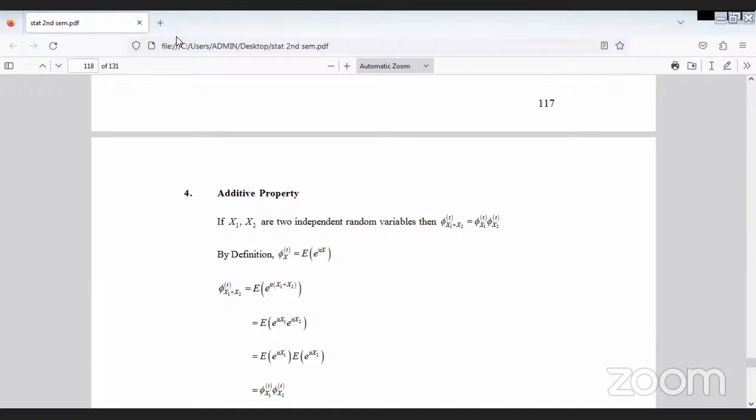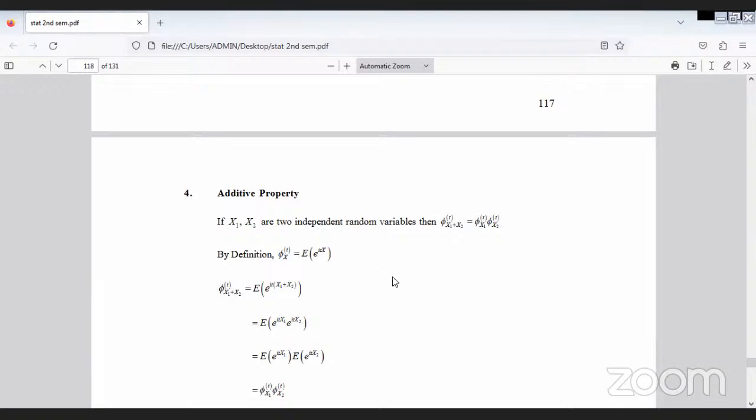So it is multiplication, not addition. We can take this in earlier problems also. For x1 plus x2 plus x3, we can write phi of x1 into phi of x2 into phi of x3. Can you follow or not?